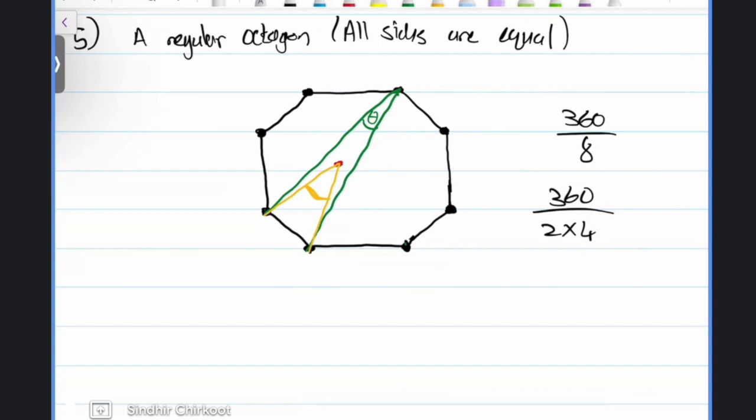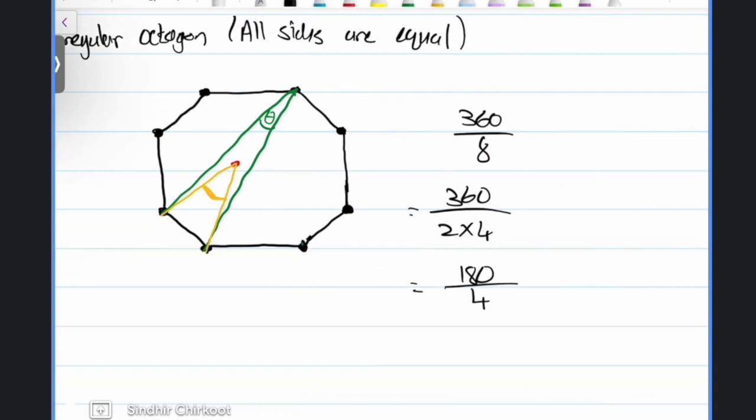Probably most of the time you guys would go like this here. 360 divided by 2, and we know that that is essentially going to be 180 over 4. Now, again, if you can't think about how to do 180 divided by 4, you just break it up further and you say, okay, well, that's basically 180 divided by 2 times 2. Now, 180 divided by 2 is going to obviously give us 90. 90 divided by 2 is 45.